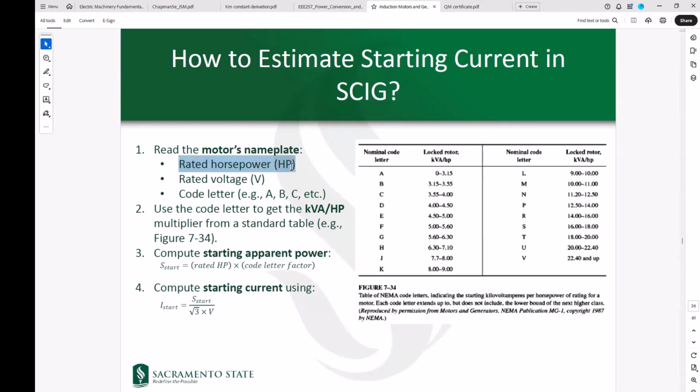Find the rated horsepower of the machine, find the rated voltage, find that code letter, as I said before. Use the code letter to get the idea of what kVA per horsepower the machine has.